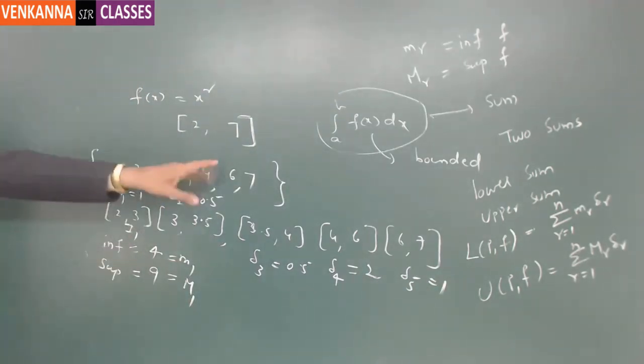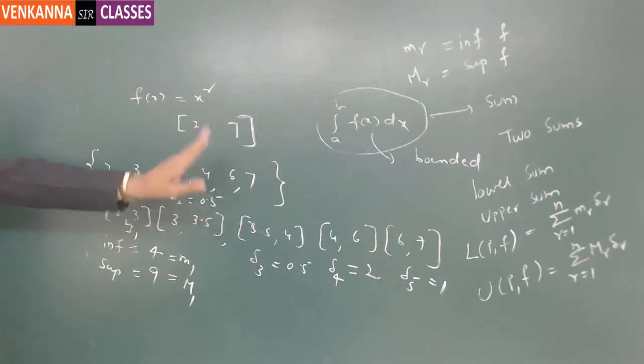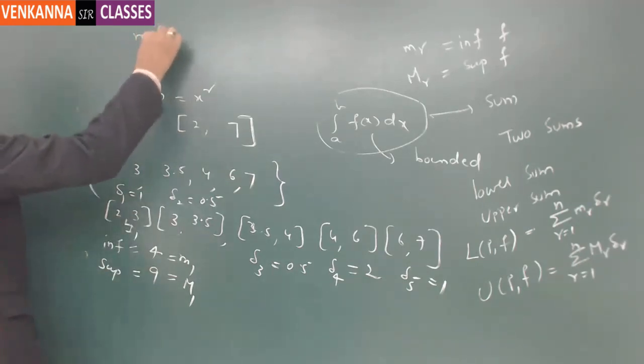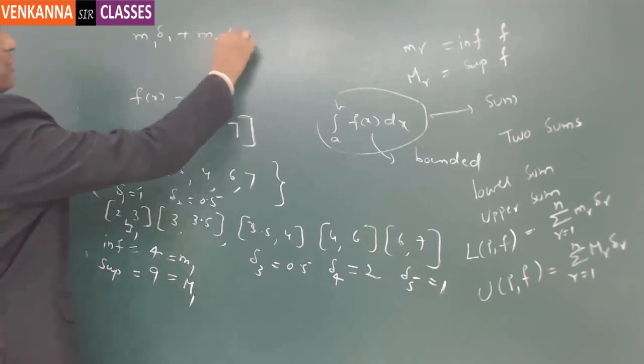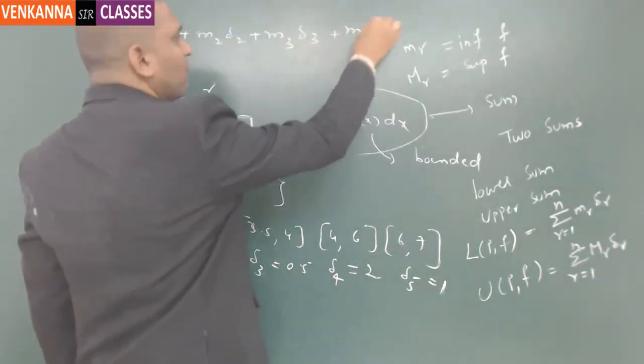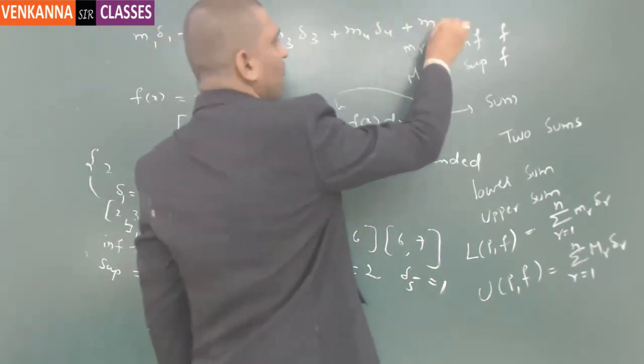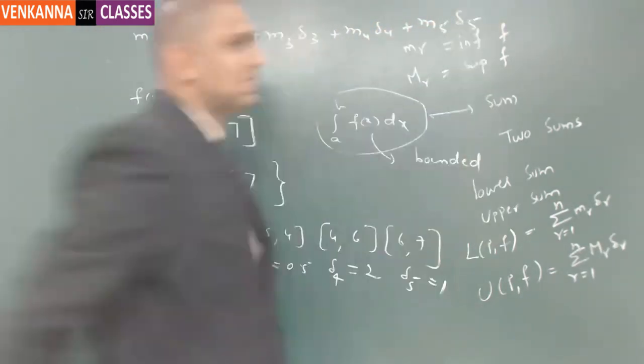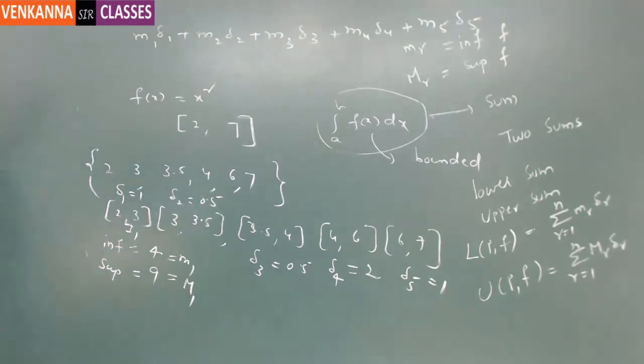Now, can you visualize how I am going to calculate L(P, f) and U(P, f)? If you are going to calculate L(P, f), it is nothing but M1 delta 1 plus M2 delta 2 plus M3 delta 3 plus M4 delta 4 plus M5 delta 5, since I have taken 5 subintervals here.